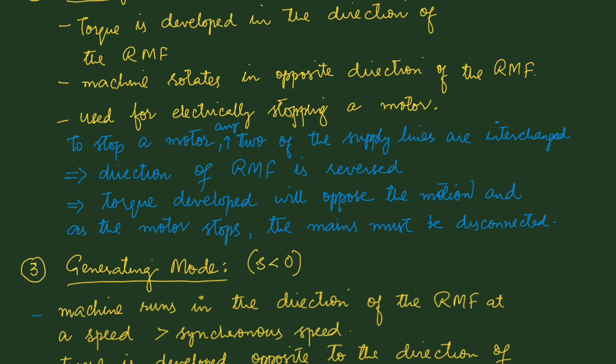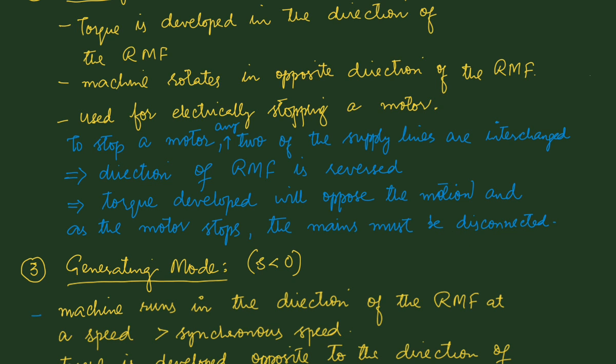But what must be done is, as the motor stops, the mains must be disconnected, because if the mains are still kept on, the motor will start rotating in the opposite direction. Therefore, as soon as the motor comes to halt, the mains must be disconnected.